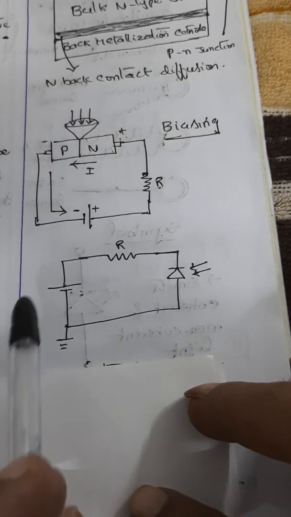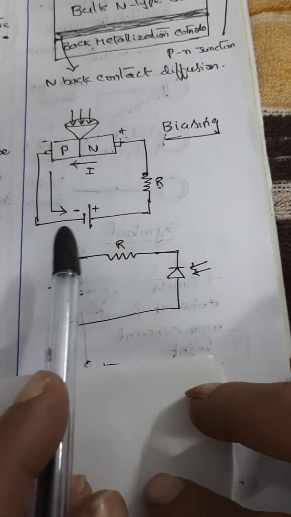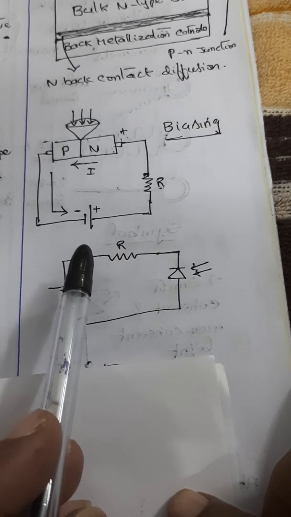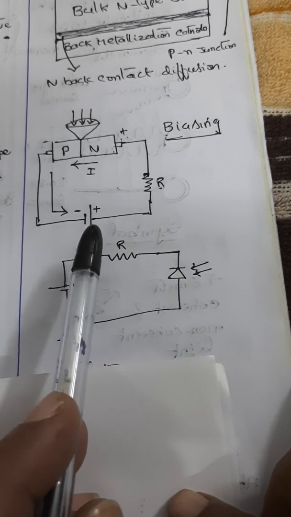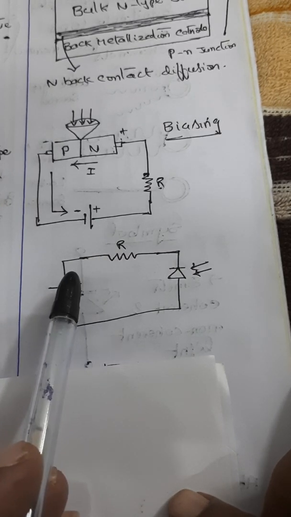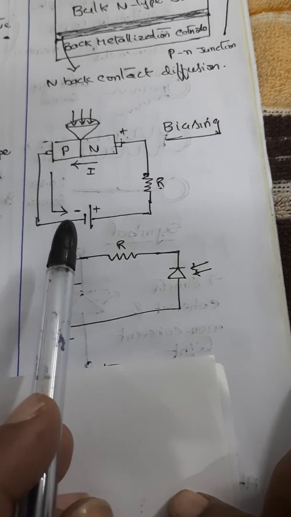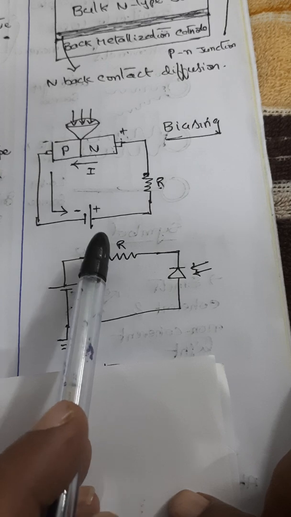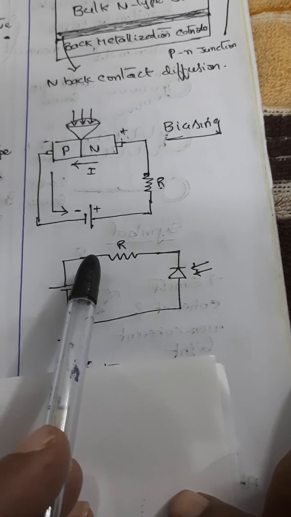Let us focus on biasing, forward and reverse bias. Now, the current that flows in the photodiode before light rays are incident on it, any current that flows before the light actually falls on it, is what is known as dark current.